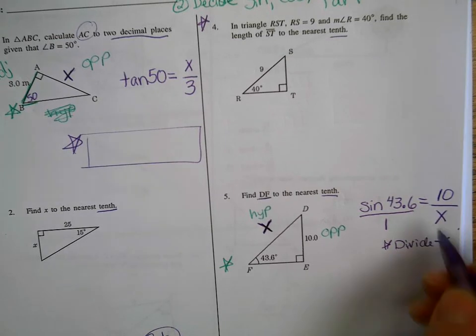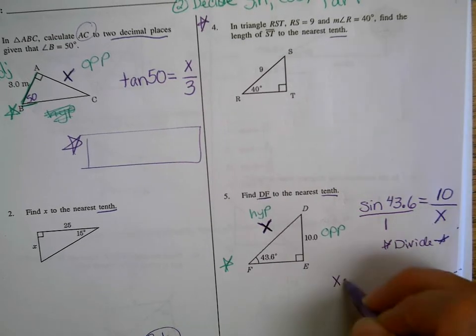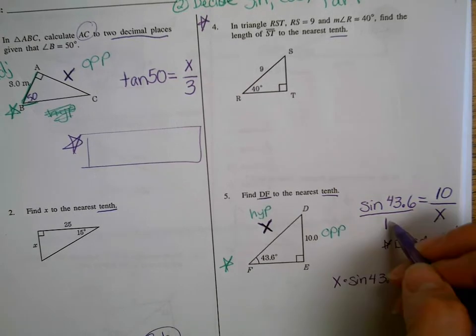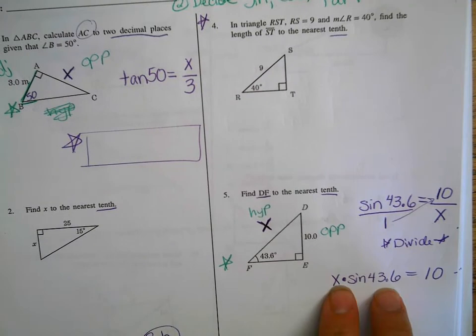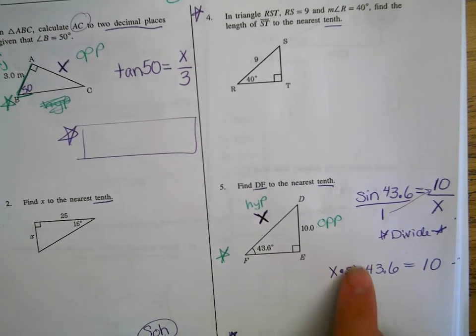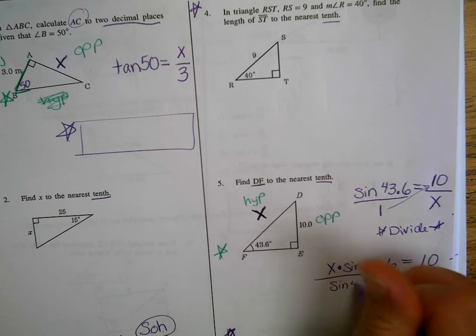So when we cross multiply, and I'll show you why we divide, x times sin 43.6 equals 1 times 10, which is 10. When we cross multiply those pieces, x isn't alone yet. So in order to get x alone, we have to divide both sides by sin 43.6.